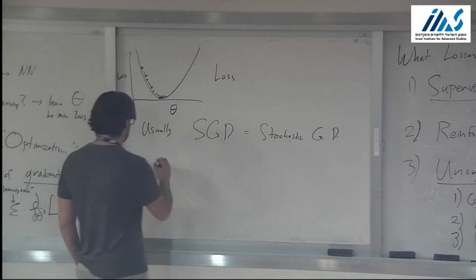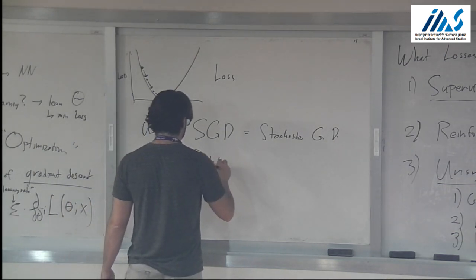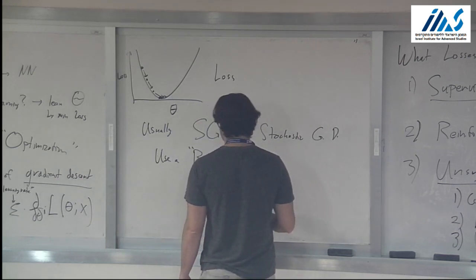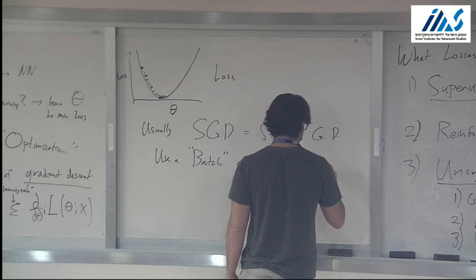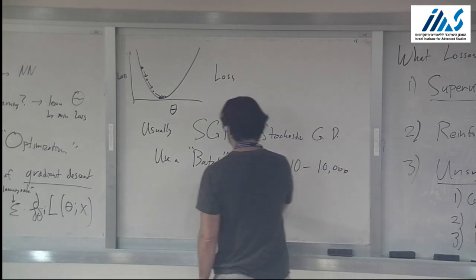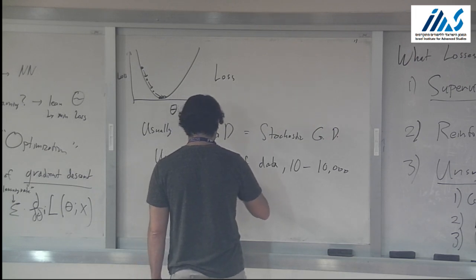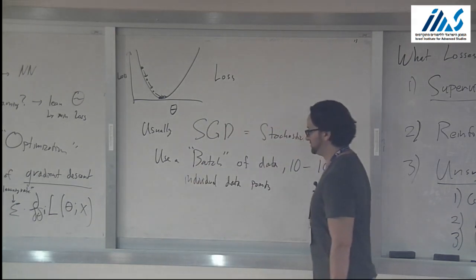A much simpler thing you can do is use a batch of data, which might be, say, 10 to 10,000 individual data points when you compute this loss.